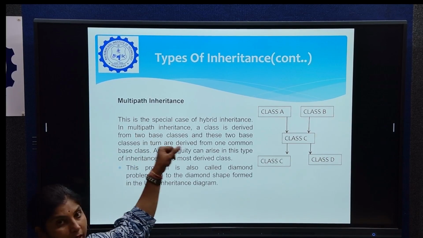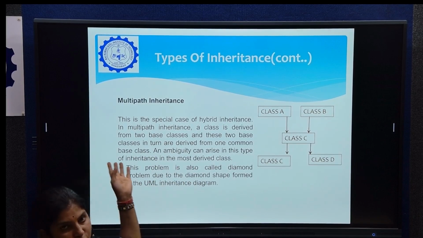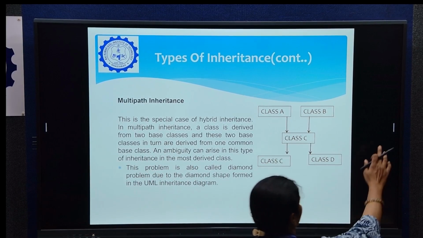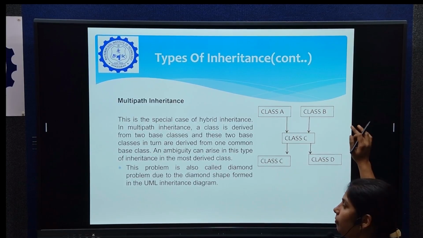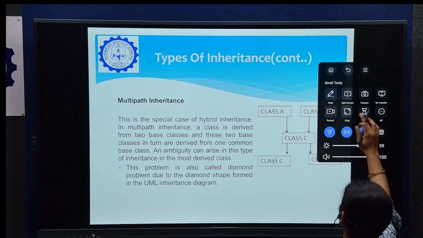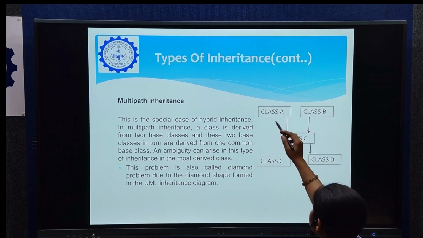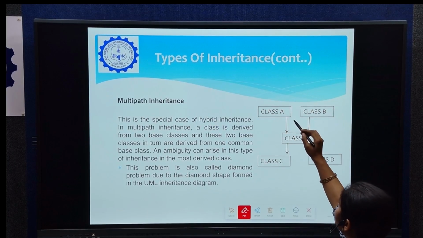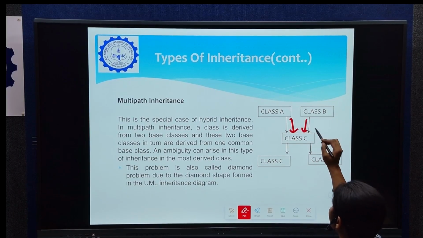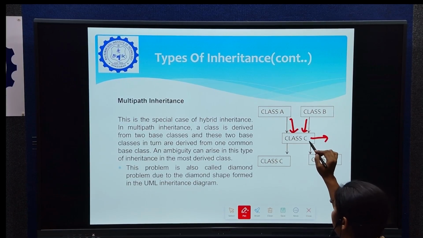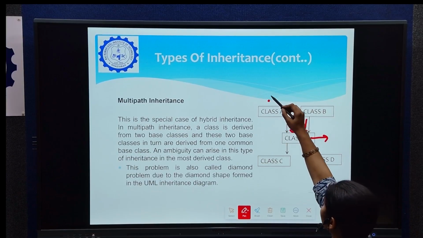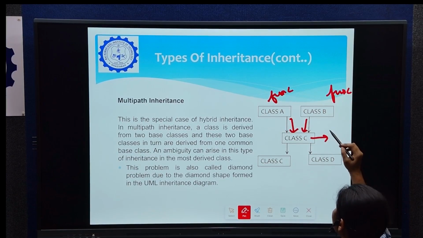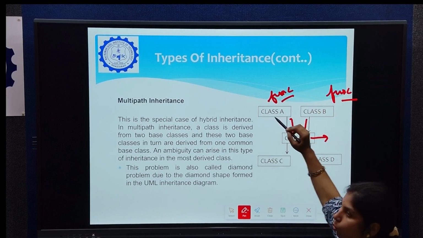Multi-path inheritance is a special case of hybrid inheritance. So what is happening here? A class A is there, class B is there. Class A has a function FUNC, and class B has another function FUNC. The function names are the same in both classes.